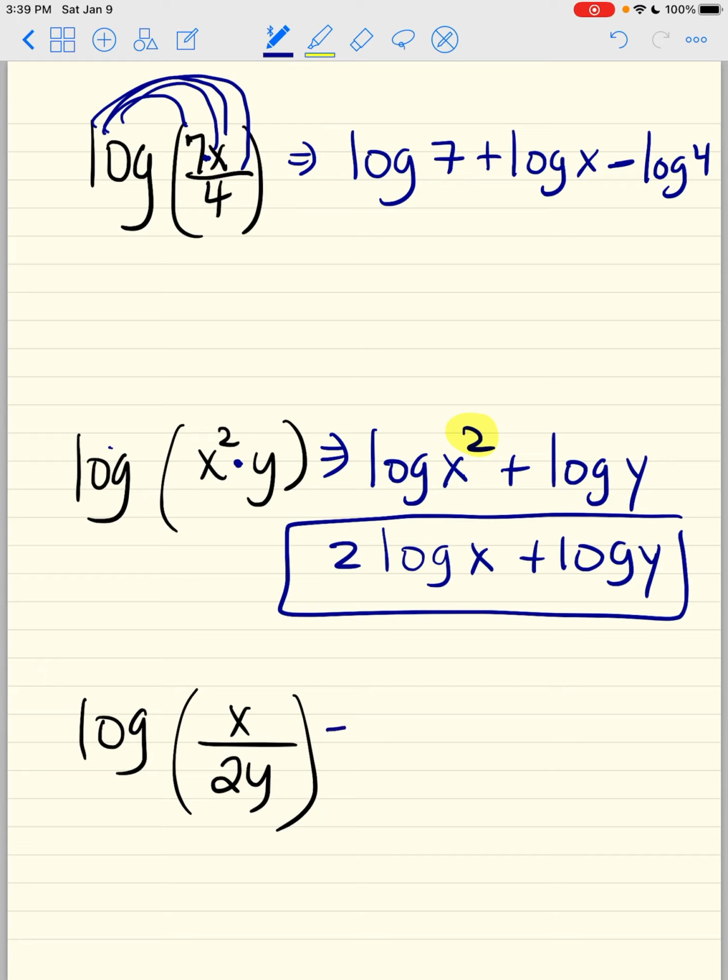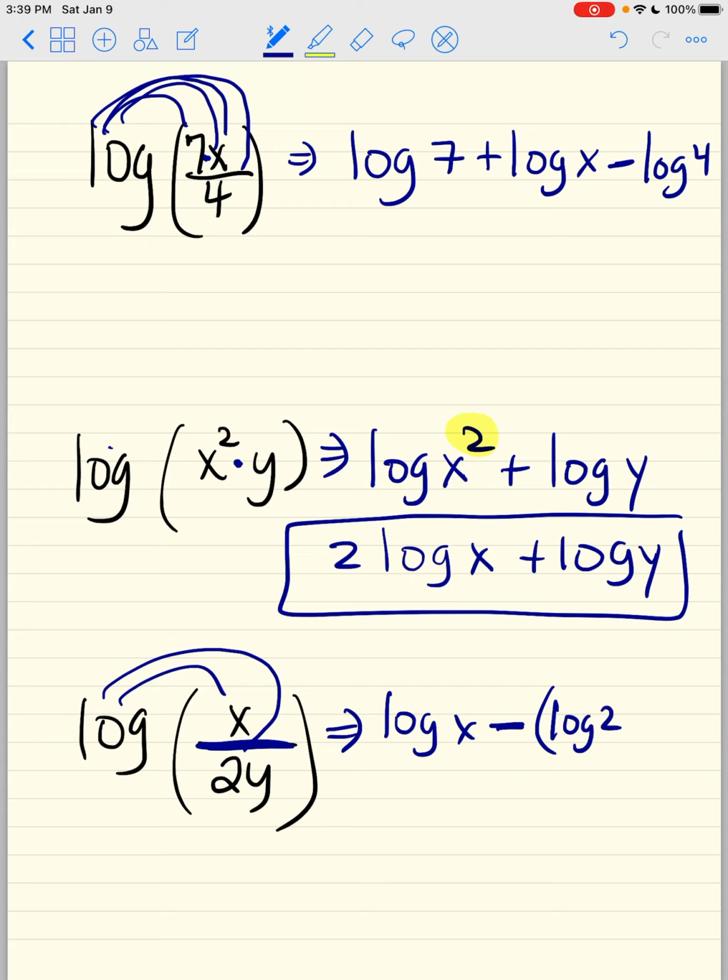This one's a little tricky, but I think you'll see it really quickly. So this is going to be log x. We touch the division, it becomes a minus. And now, since there's 2 terms on the bottom, I'm going to put a parentheses. So this is going to be log 2, and then this is a times, so it's going to be plus log y. Now, we don't really like to do it that way, so we're going to distribute that minus.